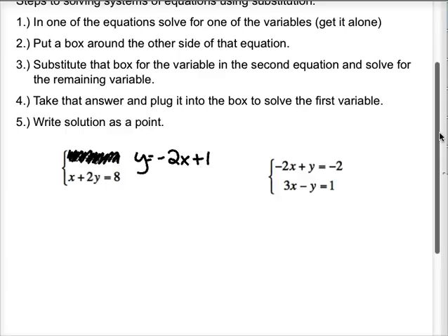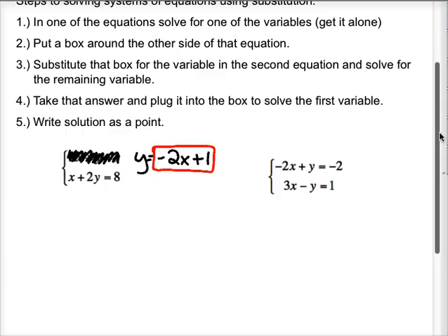So after rearranging the equation, I just cross it off just so I can tell which two equations I'm working with, because you don't need all three anymore. You only need these two. And now I take the exact steps that I did yesterday. So I'm going to highlight the piece that equals that variable, okay?